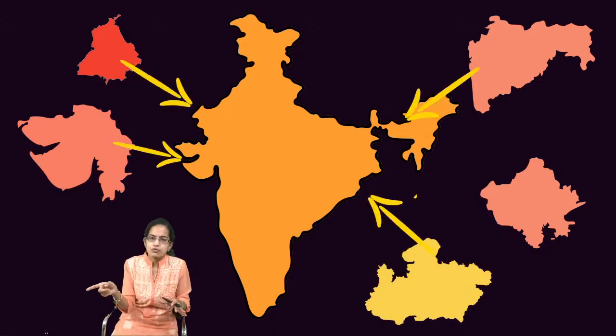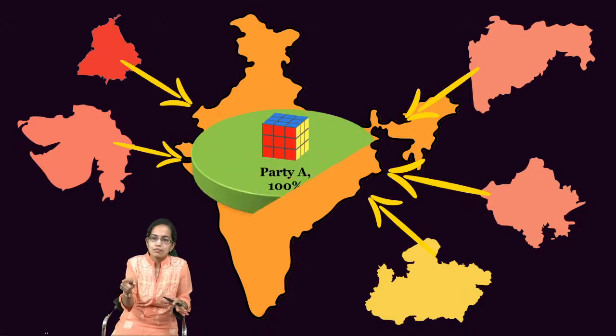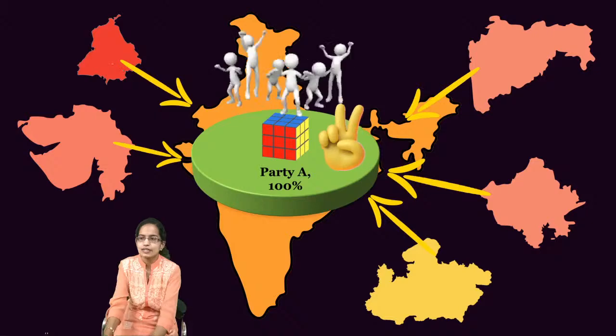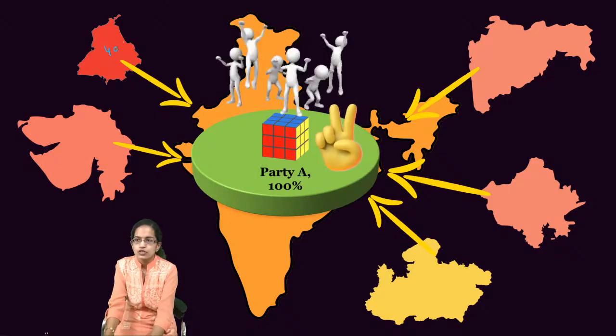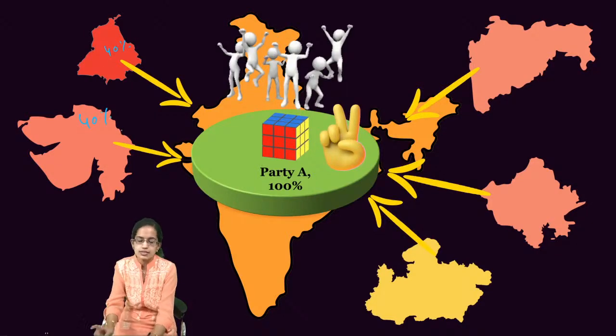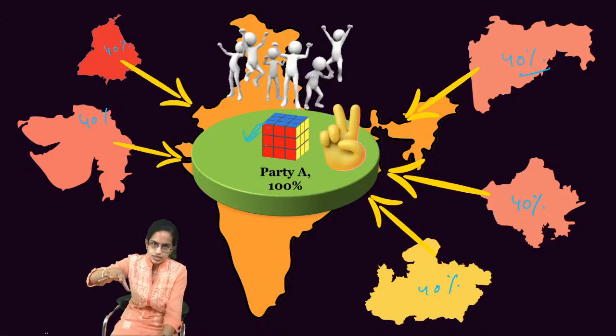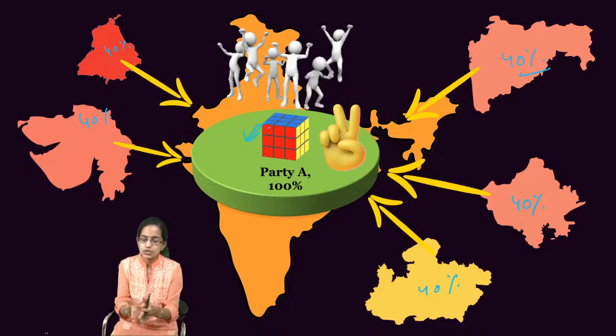Each of the parties would have one candidate who would be the winning candidate from each of the states. So the party that won 40% in each state would be the one coming to the center, and therefore this party at the center would be a non-proportional representation because all of the candidates would be from the same party. So this is again an elaboration of the non-proportional representation system.